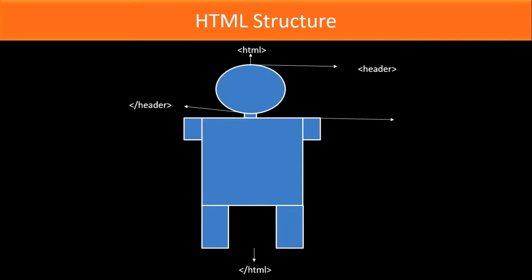At the top of the body here the body tag starts, at the bottom of the body here the body tag closes. At the top of the foot here the footer tag starts, at the bottom of the foot here the footer tag closes. This is the basic HTML structure.